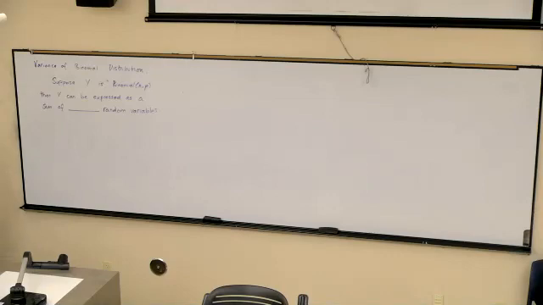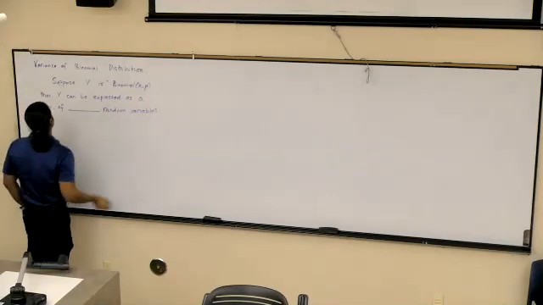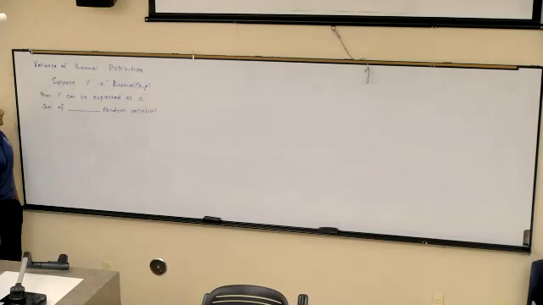Suppose y is binomial n comma p, then y can be expressed as a sum of blank random variables. Fill in the blank. That is correct, certainly. But what kind of discrete variable?